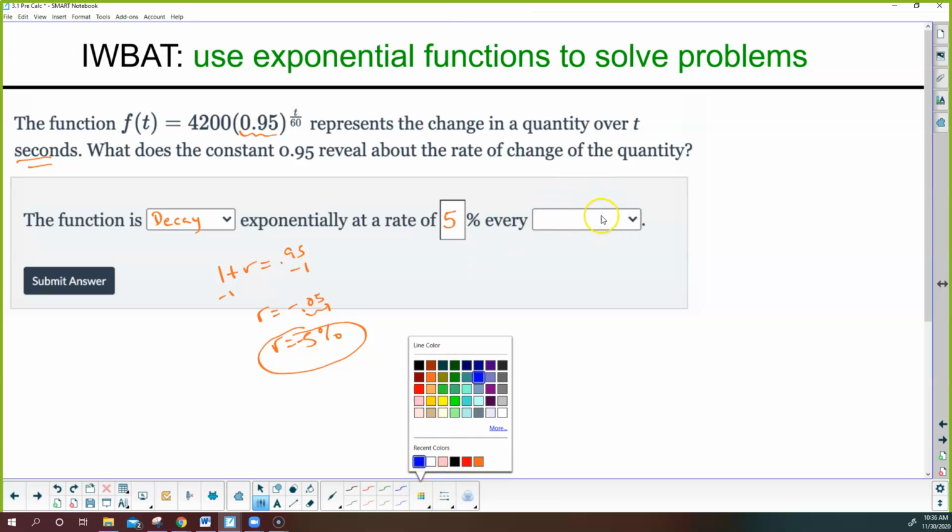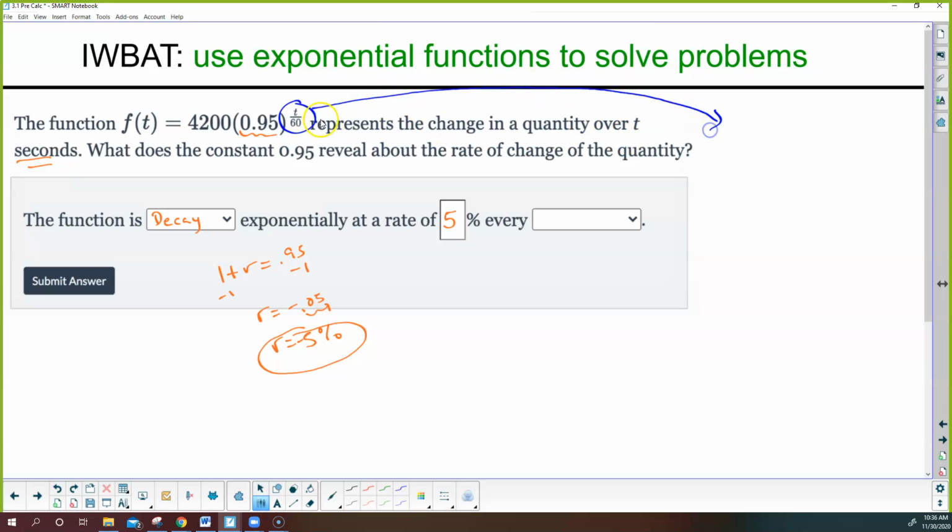But the special part is what are the units? So what do I need? I need to take whatever is in the exponent, and we always want that to be equal to 1 day, or in this case, 1 second, which means I got to solve. So I've got 60 divided by t. If I times both sides by 60, I get 60 seconds.